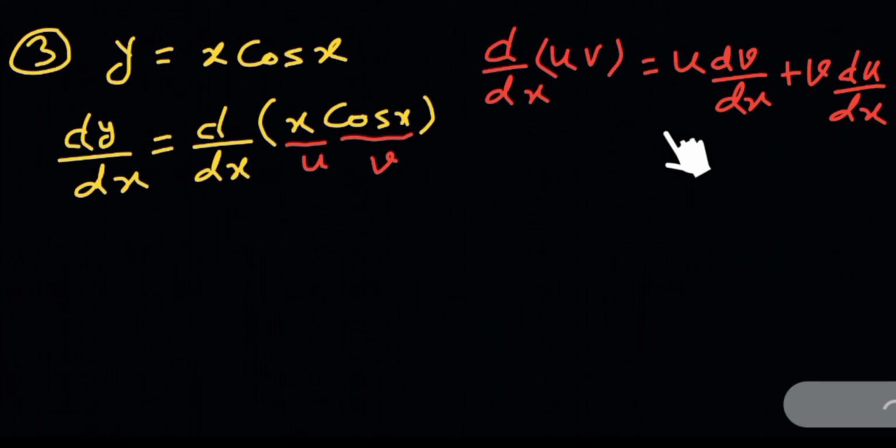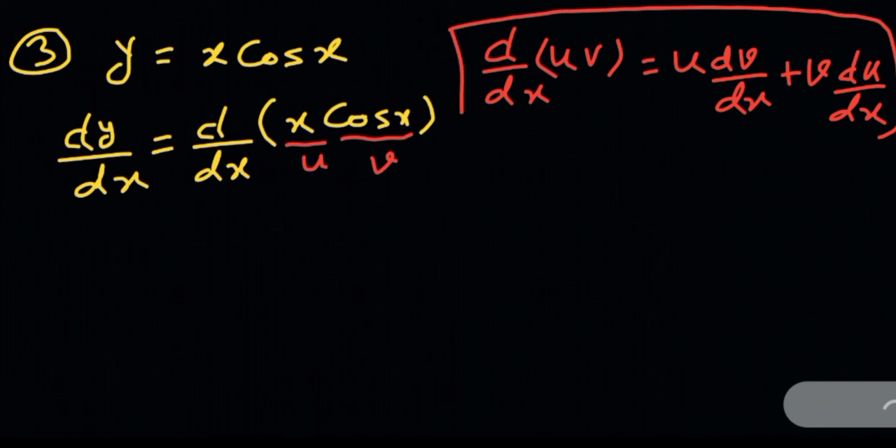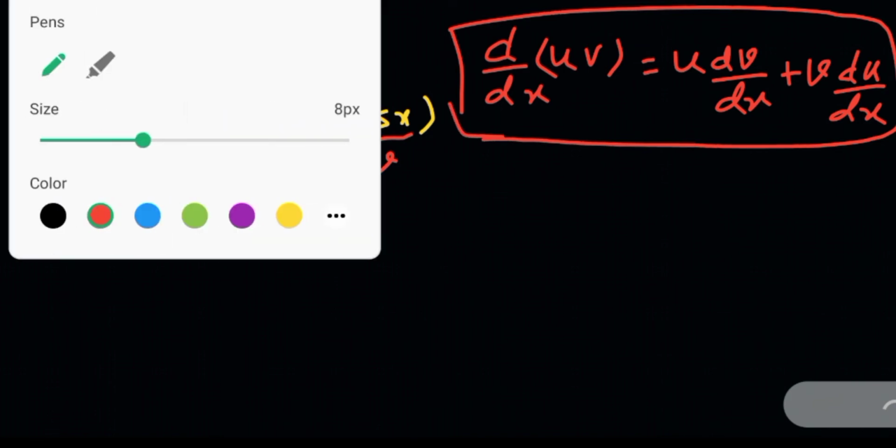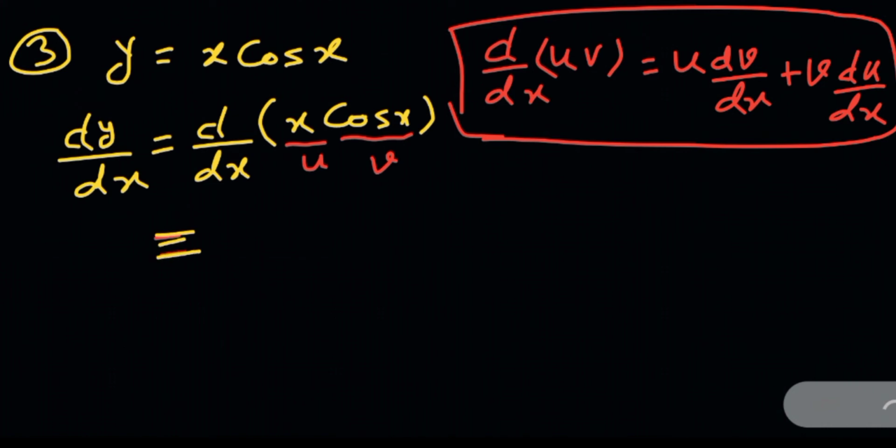So u into dv upon dx plus v into du upon dx. This formula I will use here. Using this formula, what can I write? If this is u, then u as it is, then the derivative of cos x. The derivative of cos x with respect to x will be minus sin x, so I will write minus sin x, plus v as it is.